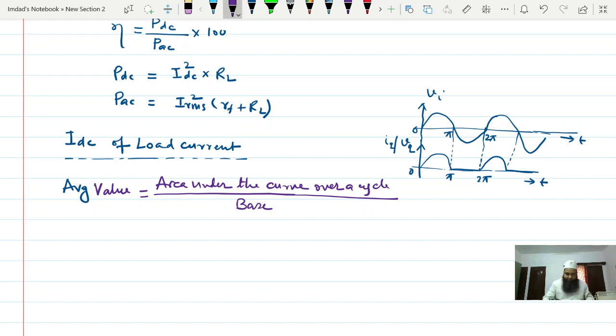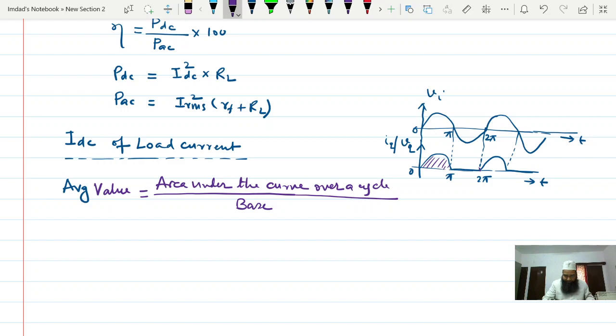Area under the curve is this. One cycle is 0 to 2 pi, one positive and one negative becomes one complete cycle.